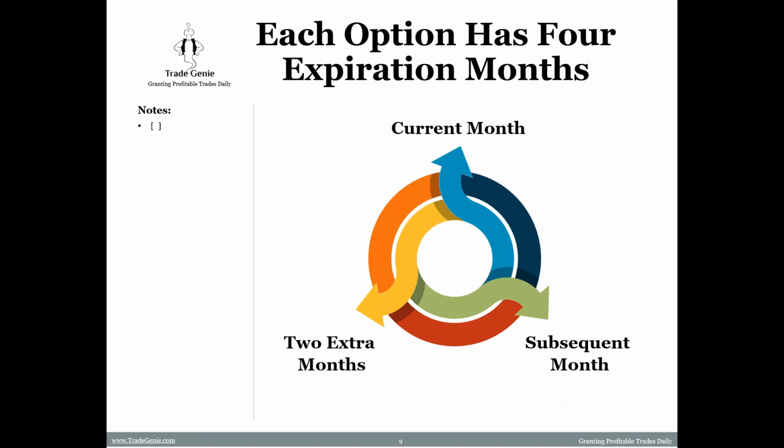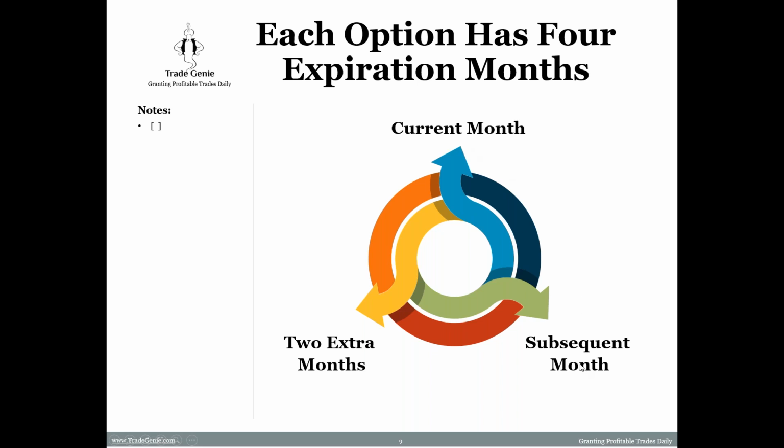If you look at the option chain, you will notice that each option has 4 expiration months. The current month, now that March is gone, for the standard monthly option is April. And then they add the subsequent month.